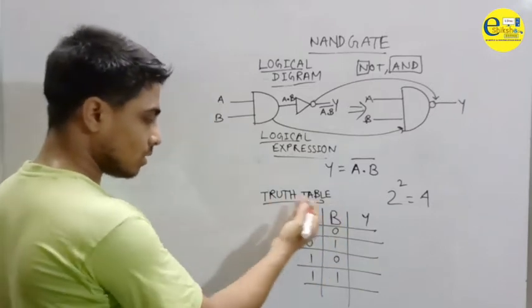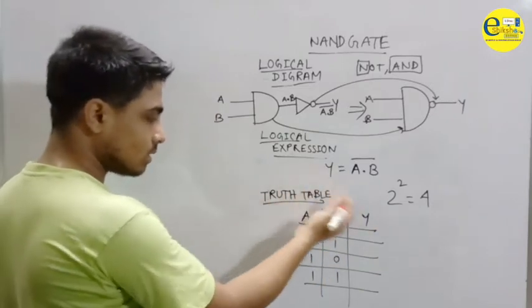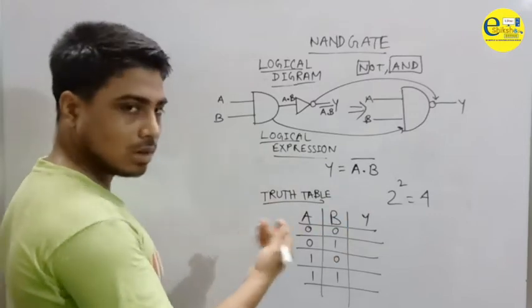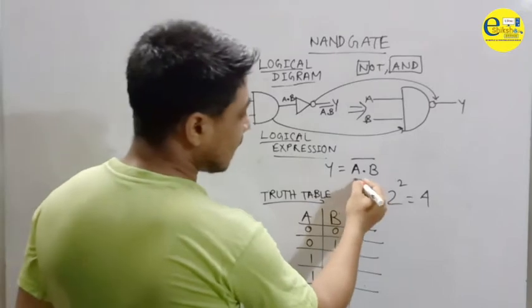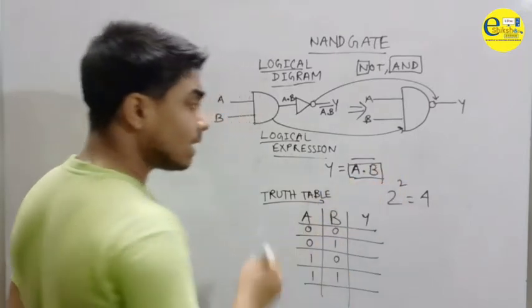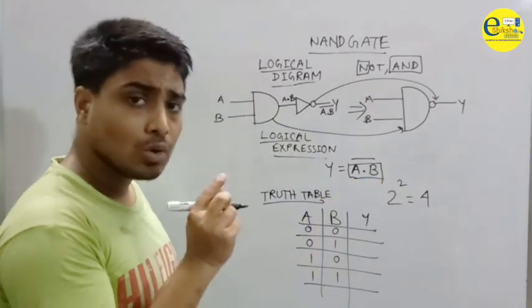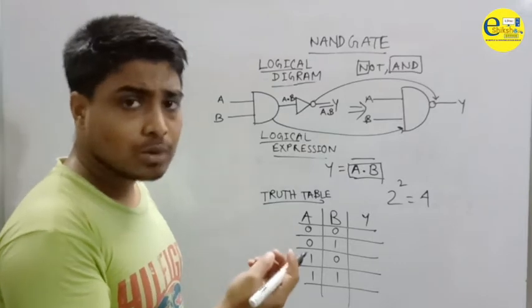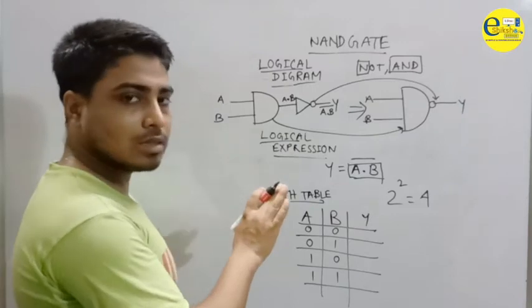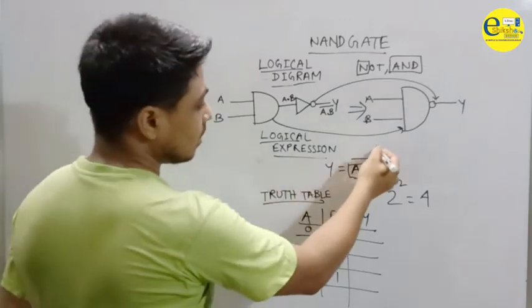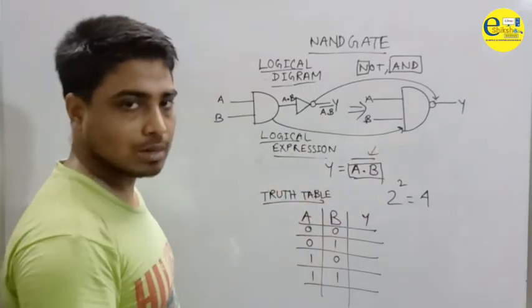Whenever we are shifting from right side to left side, we always have to double it. So for the NAND gate, see in case of the AND gate, if it has at least one 0, we get the output 0. And in case of the NAND gate, the concept is the same, but it will complement it.